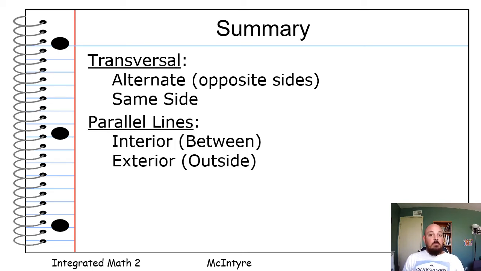Now, when you're talking about the parallel lines, it's either going to be interior, in between the two, or it's going to be exterior, outside of the two. And as long as you understand those 4 words, it's some combination of those. It's one of each, basically. It might be alternate interior or alternate exterior. It might be same side interior or same side exterior. If you know what all the 4 words mean separately, it's easy to know all the terms.